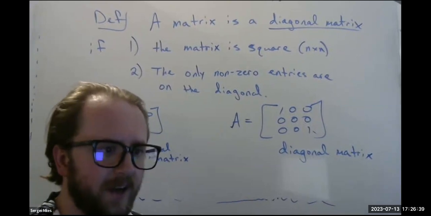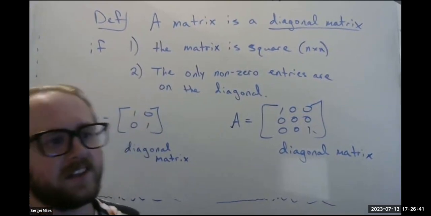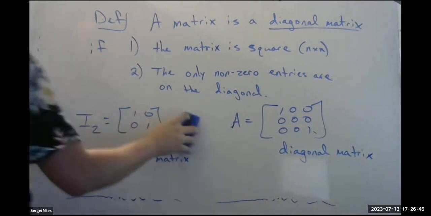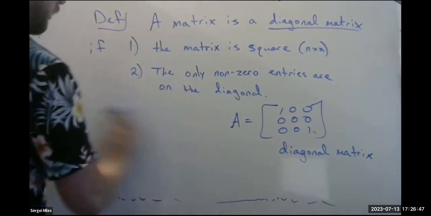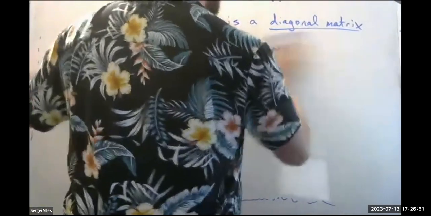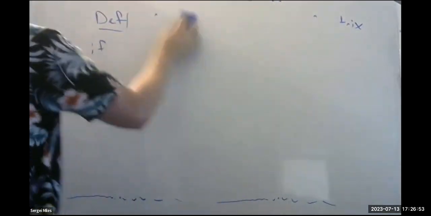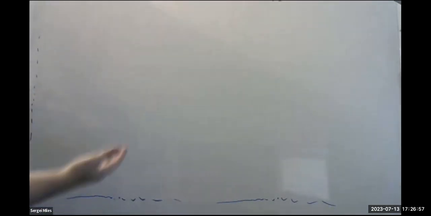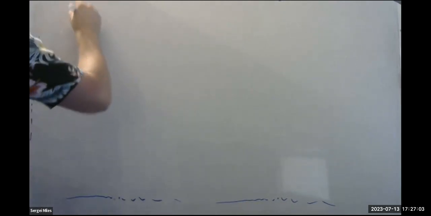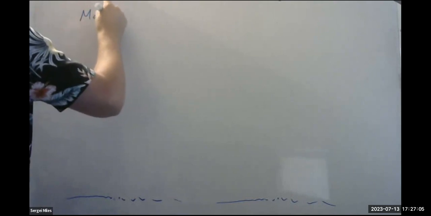So we've talked about diagonal matrices. Now let's actually start to break down how matrix arithmetic works. Well, when it comes to addition and scalars, it's going to work the exact same way it did for vectors. So good news is that some of this is not going to be very new looking. So, matrix arithmetic.